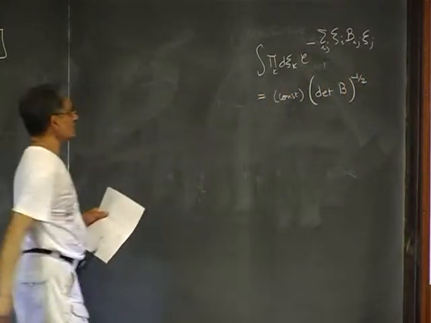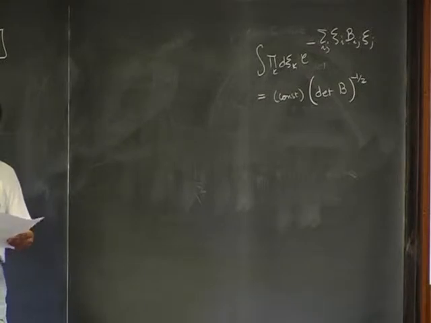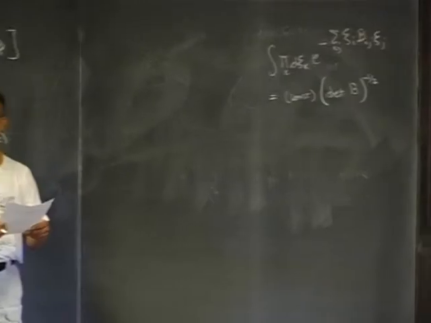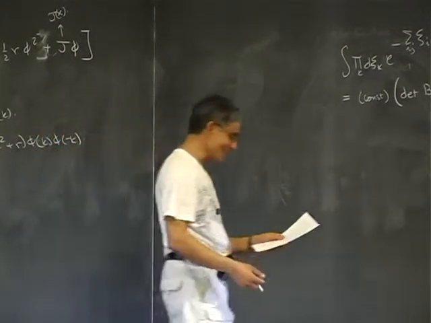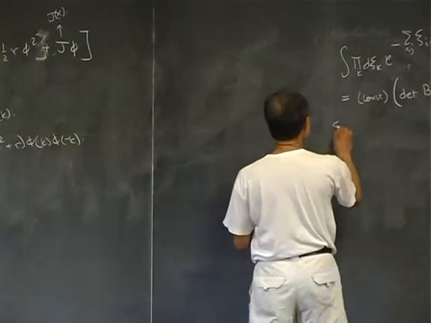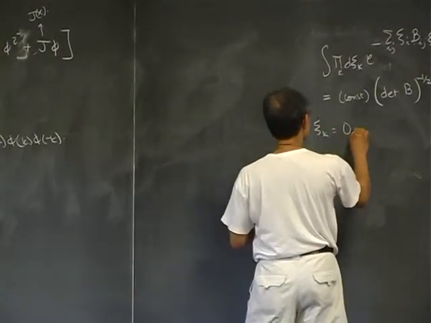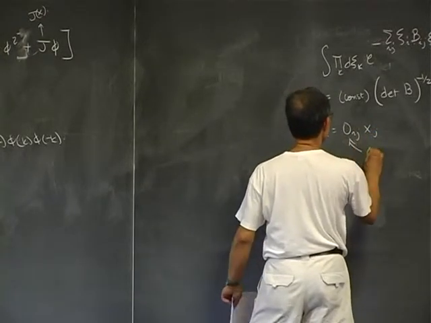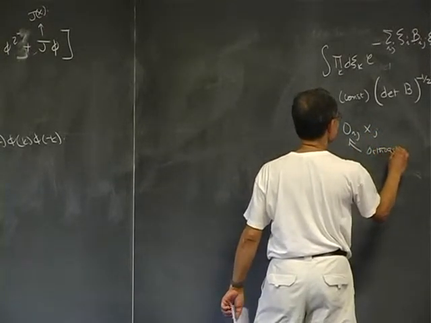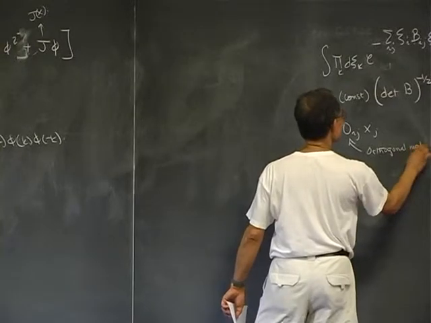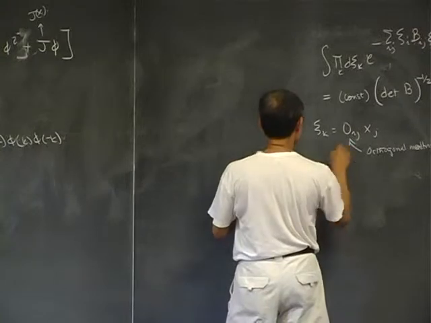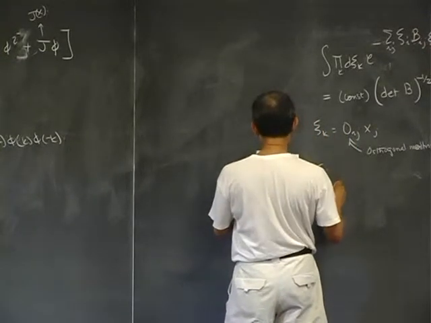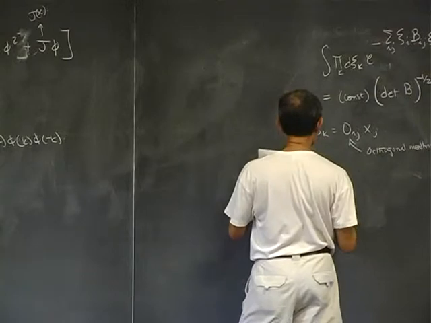A quick way, let me give you a quick way, since Shotto actually explained very well how to transform measures of integration, so might as well I do that. So I define a new variable by, this is an orthogonal matrix such that this matrix by a similarity transformation diagonalizes this matrix B.